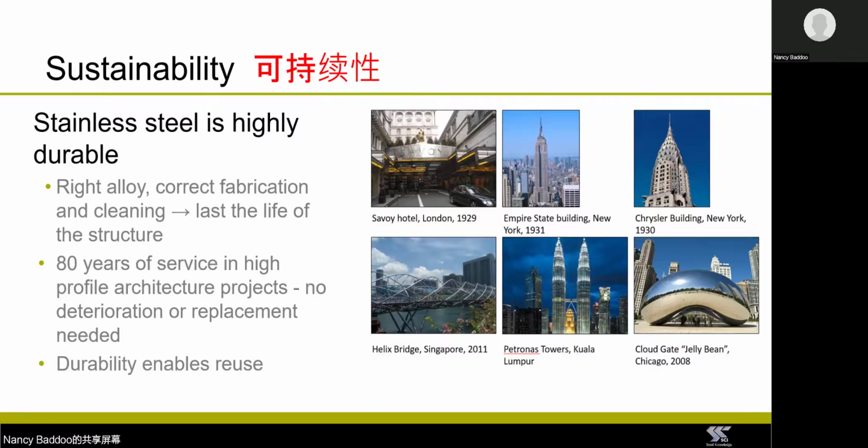So although the embodied carbon of stainless steel when it's produced will be higher, the reduced maintenance, longer lifespan, and minimal replacement often result in lower whole life carbon compared with alternative materials.